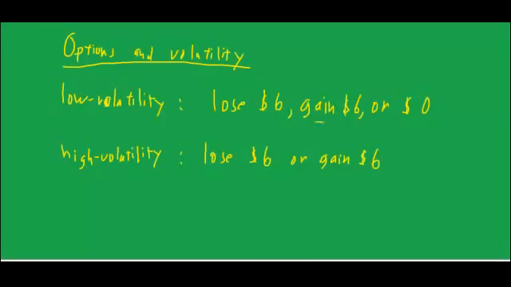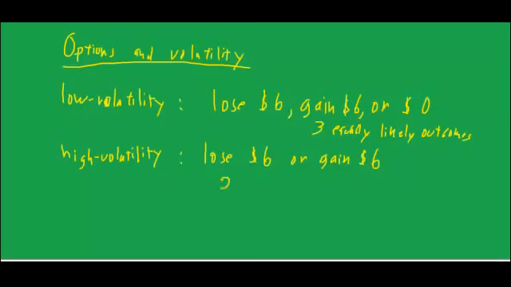So there are these three equally likely outcomes: gain 6, lose 6, or no change.